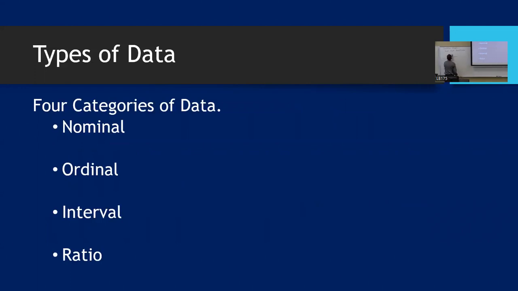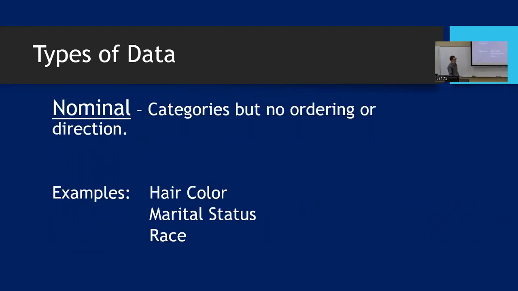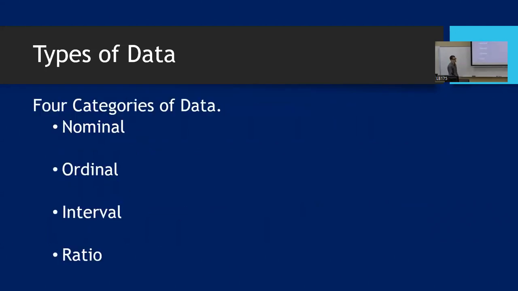So once we understand the difference between quantitative and qualitative, we're going to look at 4 different categories of data. Now, on the next few slides, these 4 categories I'll list out, so you don't have to. I want to list them out once, but then I'm going to talk about each one individually. All right.